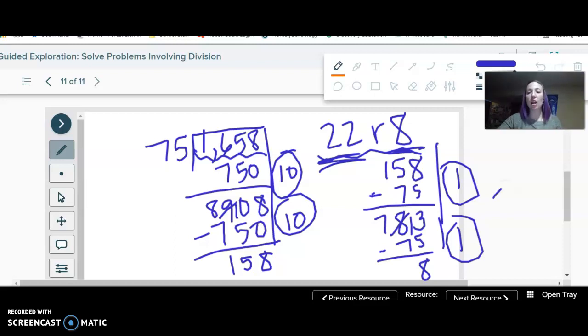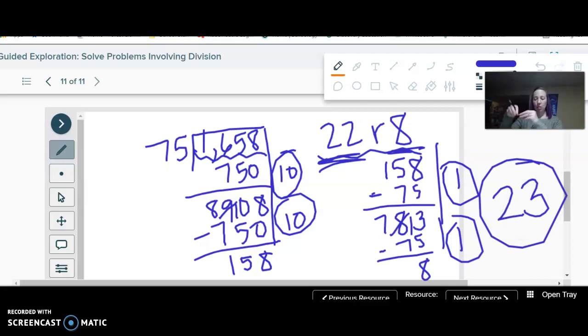So then I would say, oh, they actually need 23 rows, because 22 of the rows will be all full of 75 people, but there's still people left over that need another row. So 23 is actually the answer. That's what I mean by sometimes you need to add 1, thinking about, okay, what does it actually mean?